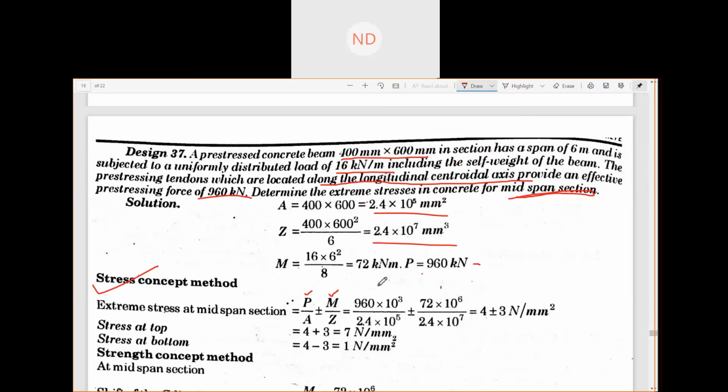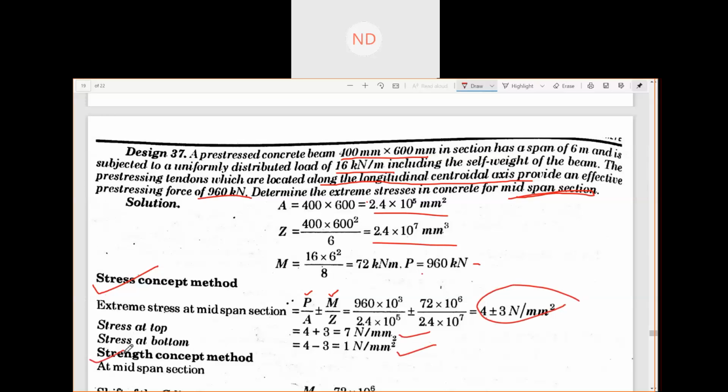M is 72 into 10 to the power 6, and we have our Z this much. So our top stress which we have calculated is how much? This was our total stress. Top stress is 7 Newton per mm square. Bottom stress is 1 Newton per mm square.